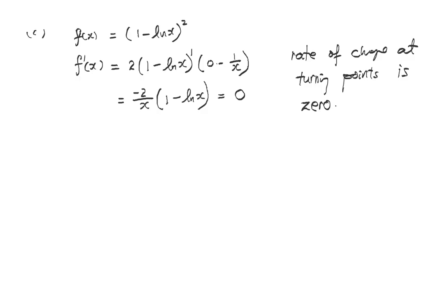That's why we also call this a stationary point. It stopped changing, then it changed direction. Okay, so I have -2 over x equal to 0. This has no solution. Impossible. Right? So 1 minus ln x equal to 0. Yeah. So my ln x will be equal to 1. So x will be equal to, ln is base e, right? e to the power 1.